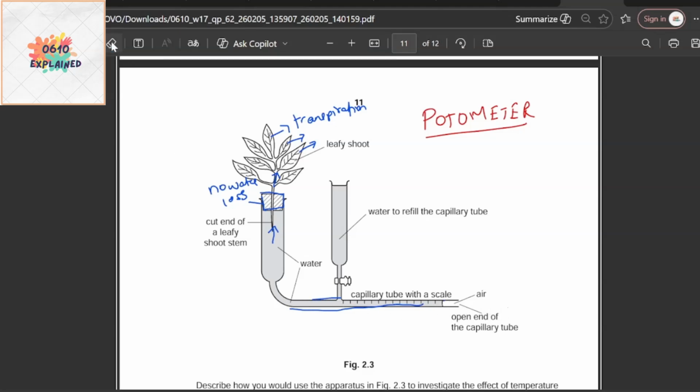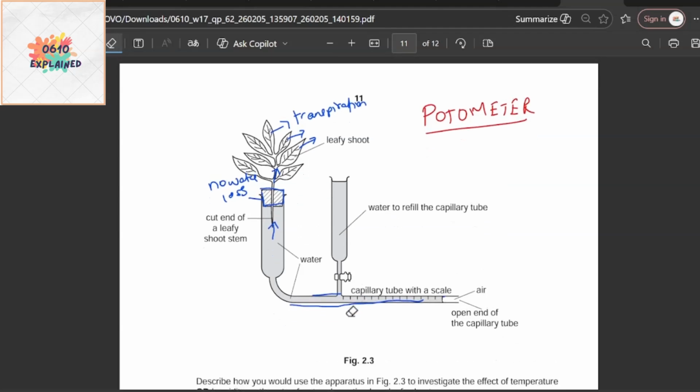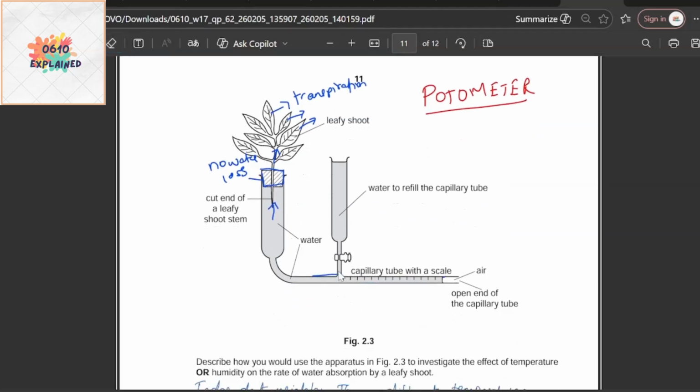As the water is absorbed in this part, the air will enter into this tube and it will move the water ahead. So that's how we will see that at the start the water was here. After some time, I assume the water will be here, and that is the measurement that you're supposed to take, the distance between the two.